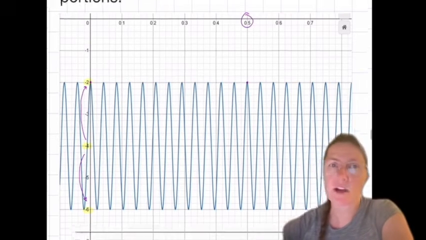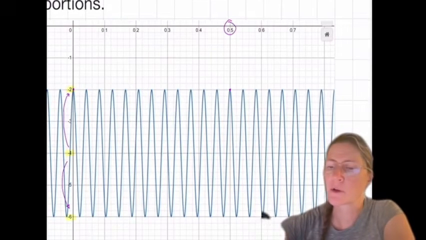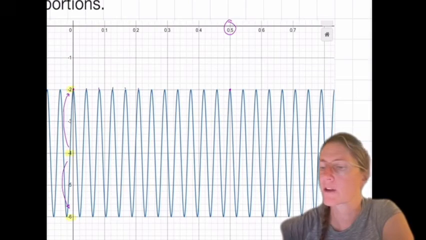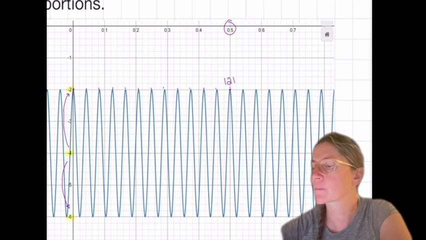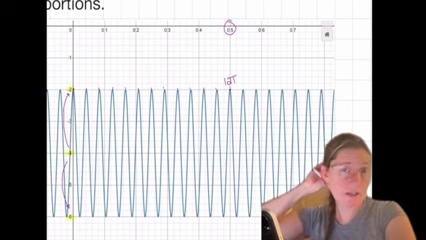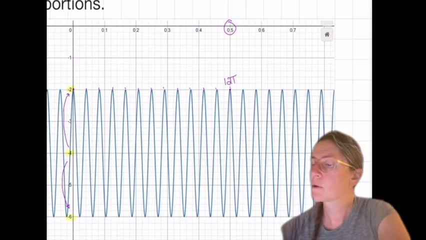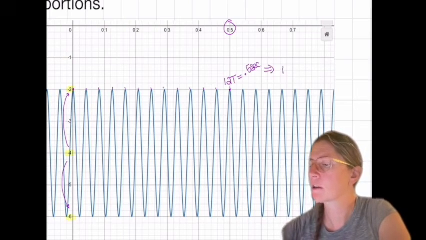At that time, it will have gone through 1 cycle, 2, 3, 4, 5, 6, 7, 8, 10, 11, 12 cycles. So 12T is going to equal 0.5 seconds, and so T is 0.5 over 12.